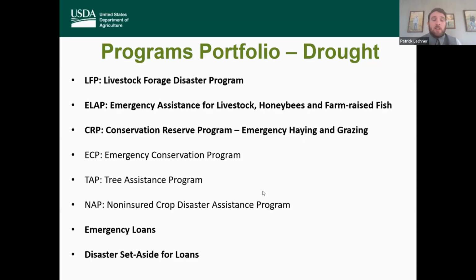One quick note I just wanted to make on NAP is that recently we've received some flexibilities under NAP, in particular targeting historically underserved producers and socially disadvantaged producers.